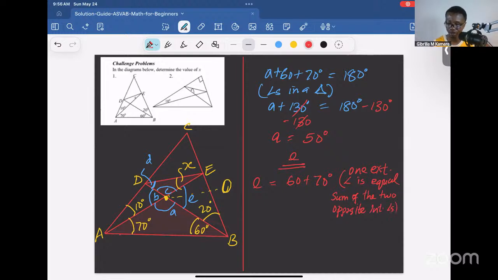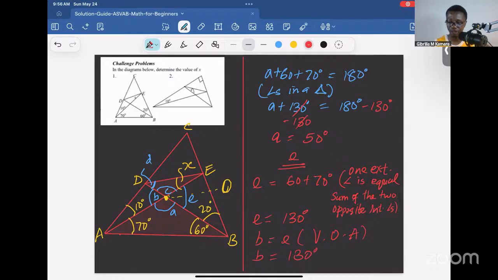Okay? So my E is 130 degrees. So we've gotten E and B is the same. So definitely your B is equals to E. They are vertically opposite angles. So your B is also 130 degrees.